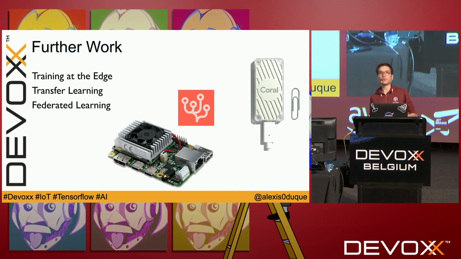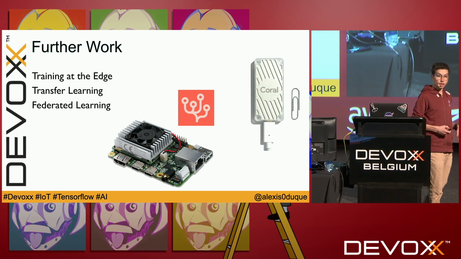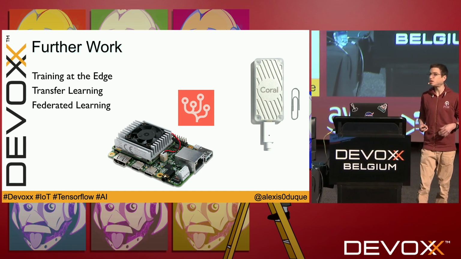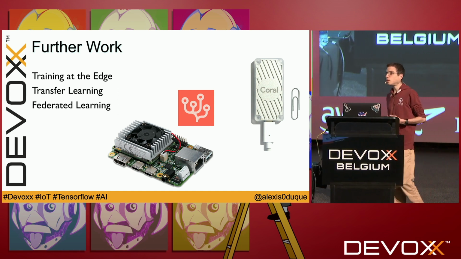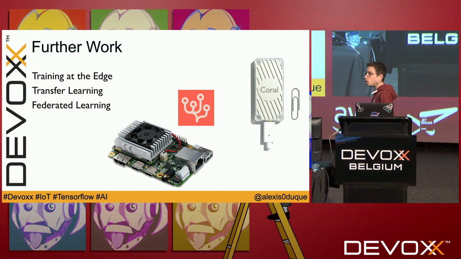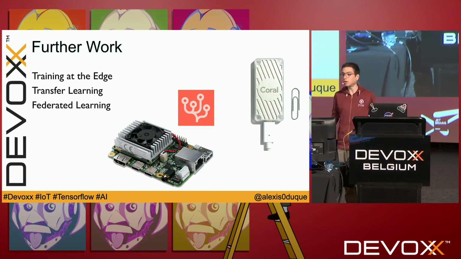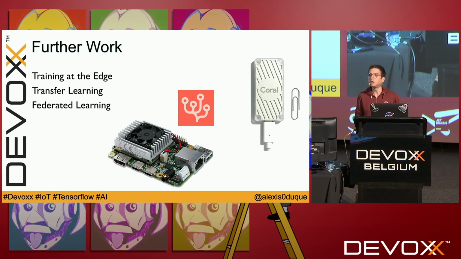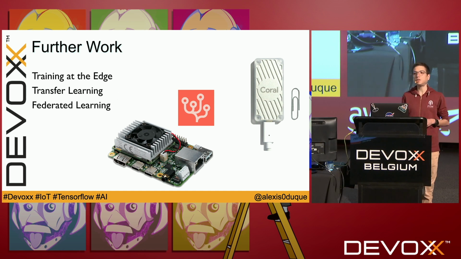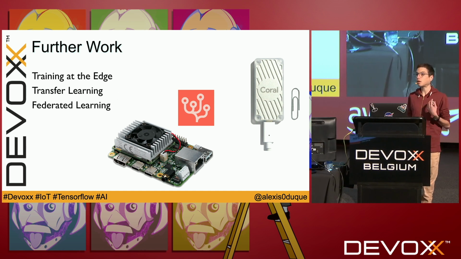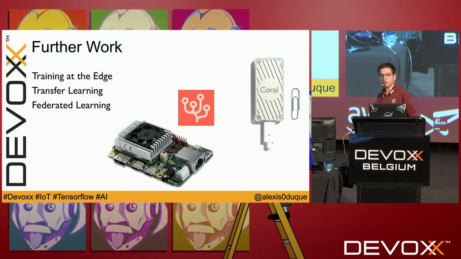So now about further work. We see that we can do inference on IoT devices, but not training. So if you are lucky and you have a powerful IoT device, you can try to plug in a Coral USB dongle, which is a TPU USB key that makes your device faster.